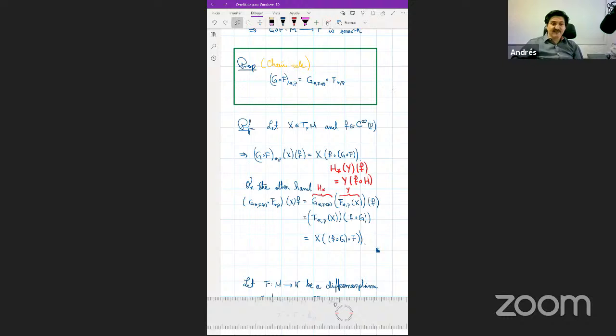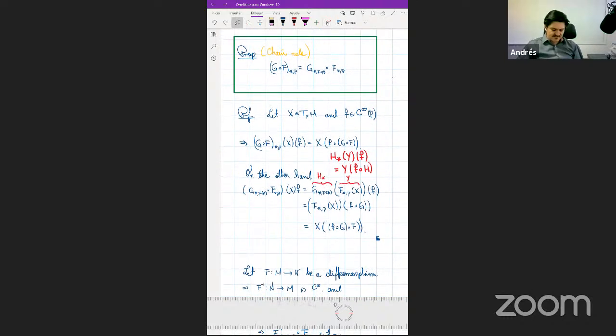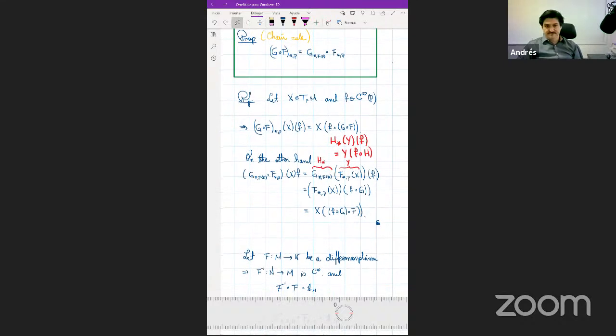It is bijective, and the inverse is also a smooth function. Right? Then I can look at the composition. It's the identity map on M. And now let's compute the differential of this.